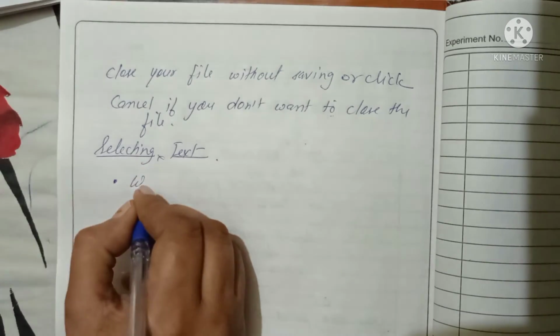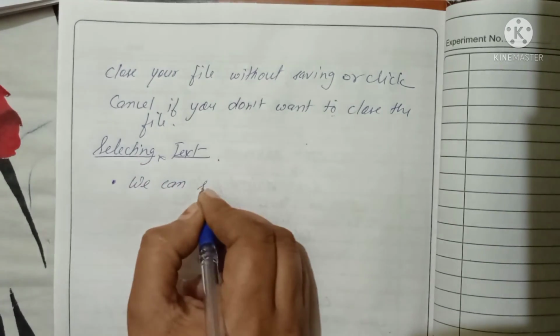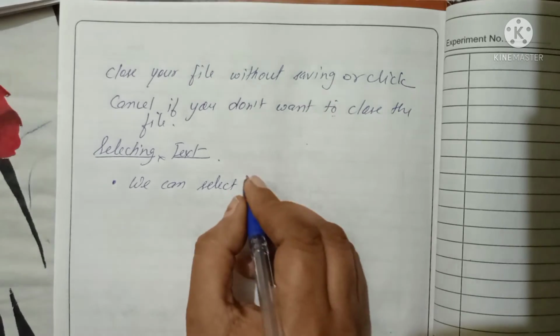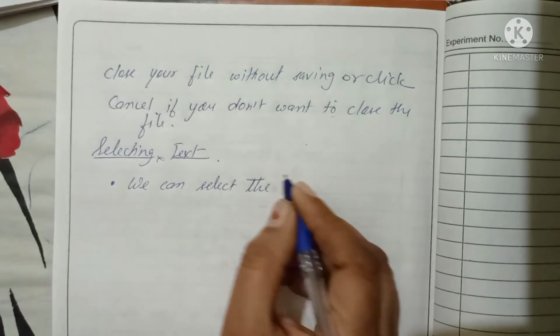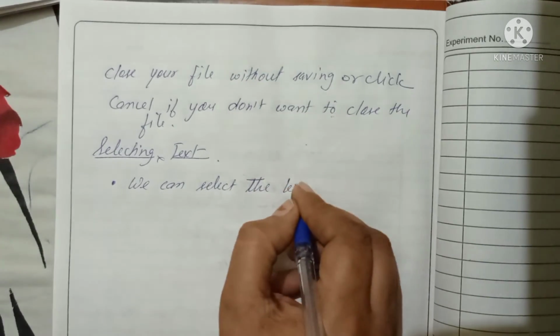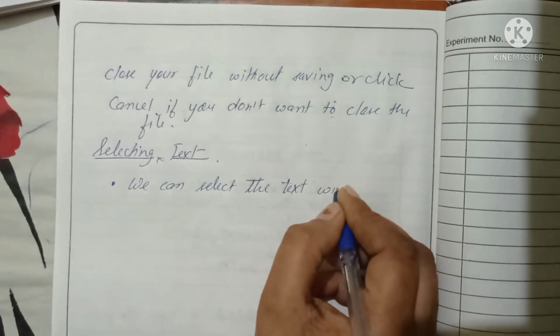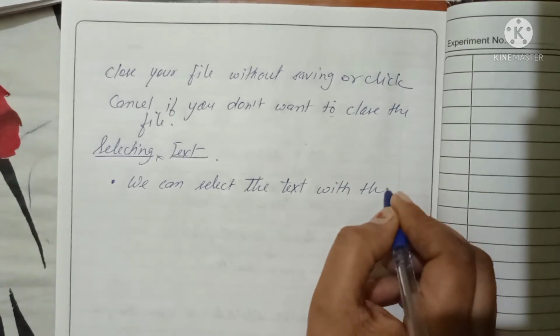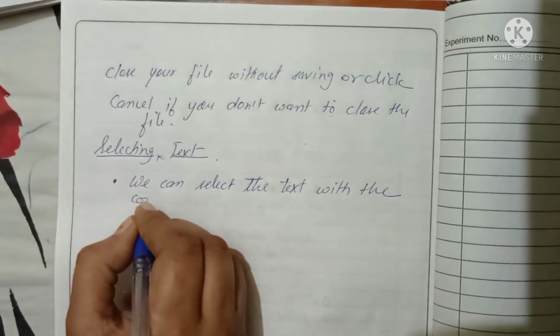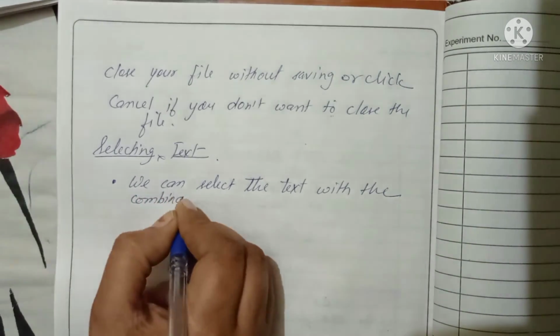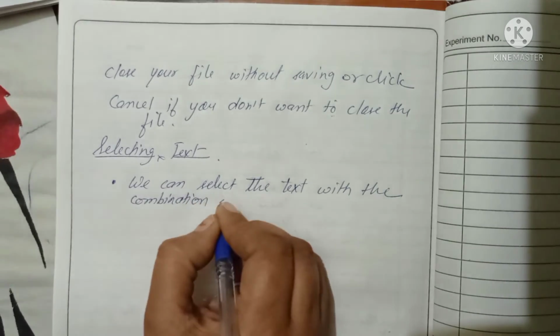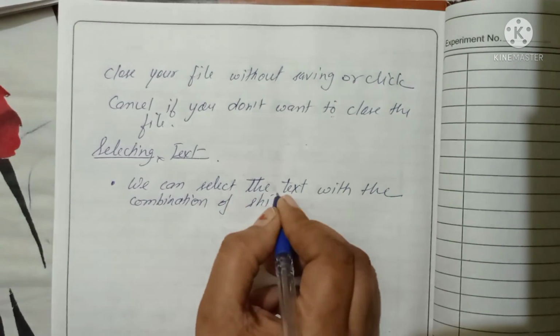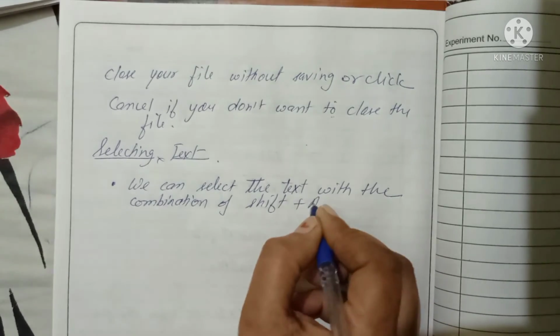We can select the text with the combination of Shift plus arrow keys.